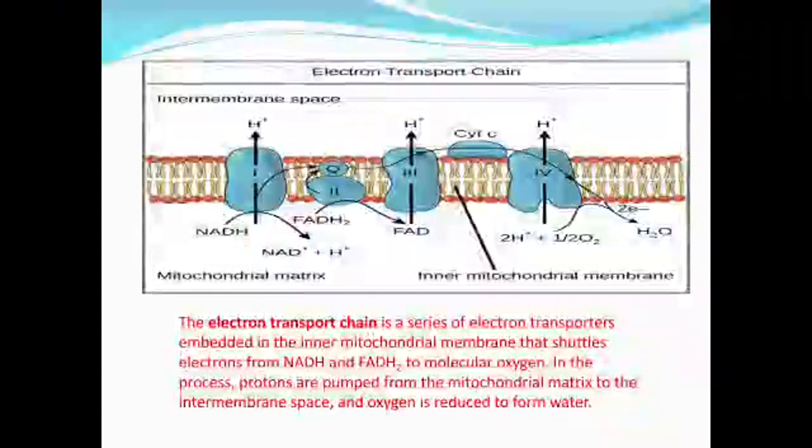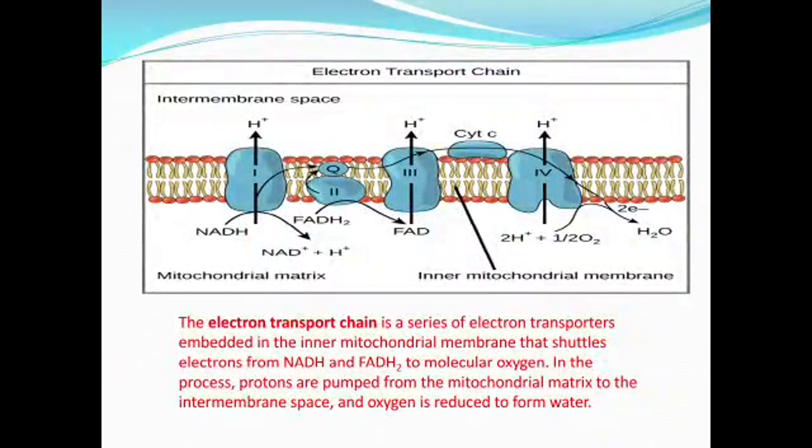Now, let's start with the last stage of cellular respiration, that is the electron transport chain. It is also known as the electron transport system. It is the last stage of cellular respiration, which directly depends on oxygen. This is a chain, this is the system, and whatever reactions occur in this, it all occurs in mitochondria.